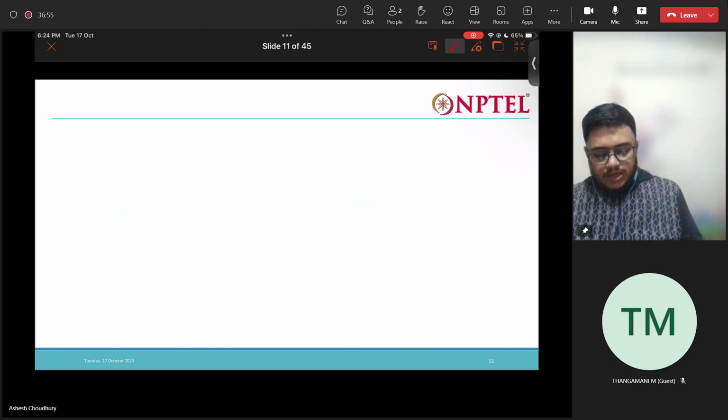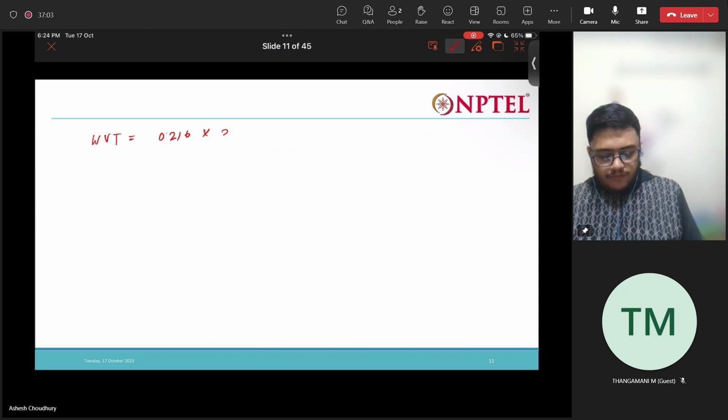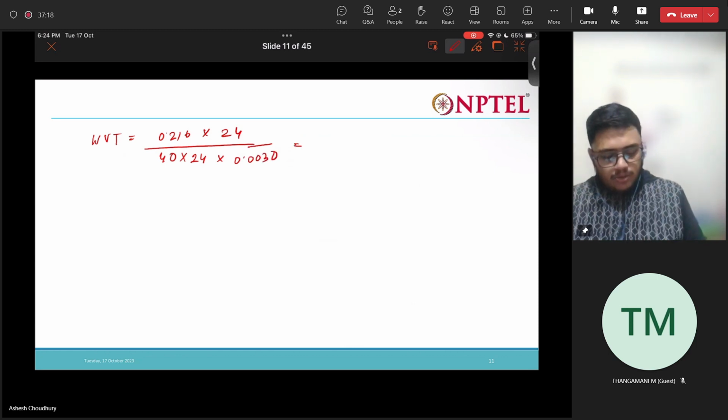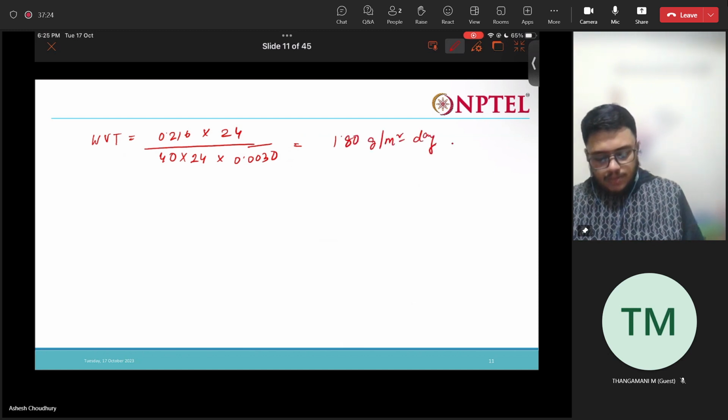So if you want to find the water vapor transmission, it is given by G into 24 by t, where t is 40 days into 24 hours, into area 0.0030. If you calculate this, 1.80 gram per meter square day.